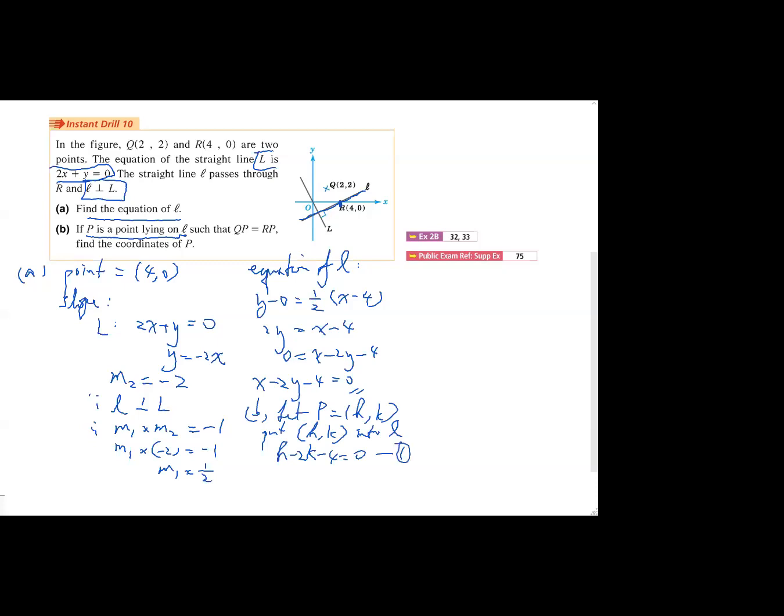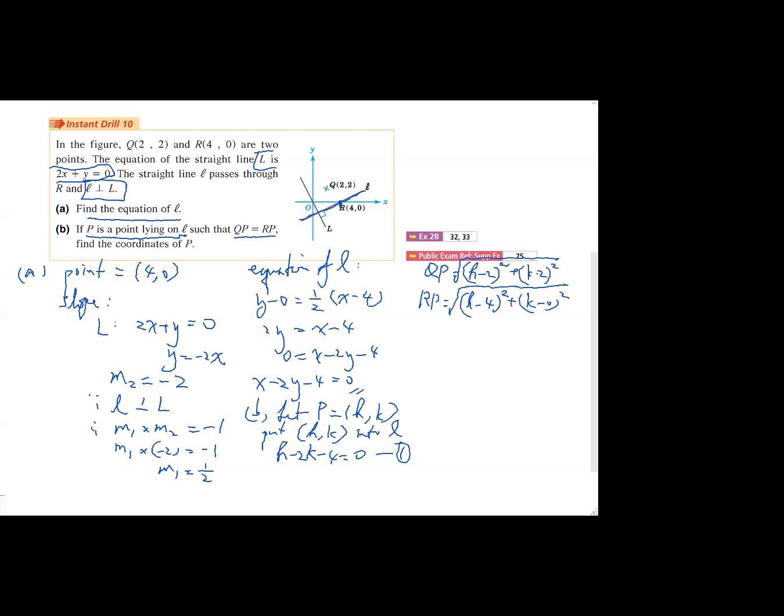Okay, and then the second information is that QP is equal to RP. So we just express the length of QP in terms of H and K first. Okay, using the distance formula. So square root of H minus 2 square plus K minus 2 square. Okay, and then RP is square root of H minus 4 square plus K minus 0 square.